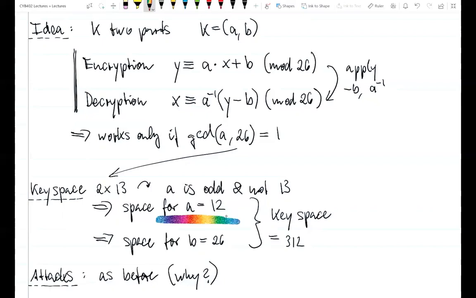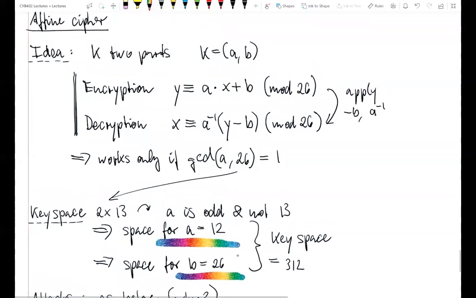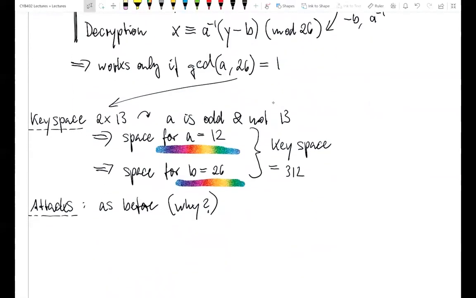So now, what are viable values for B? For B, all viable numbers could be between 1 and 26. Why is that? Because we have mod 26 here, and after that we wrap around again. So it does not make sense to say that B would be 100, or 500,000 or whatever. The space that makes sense for B is 26 because of the wraparound of the modular operation.